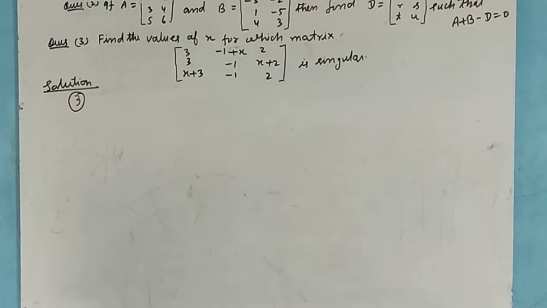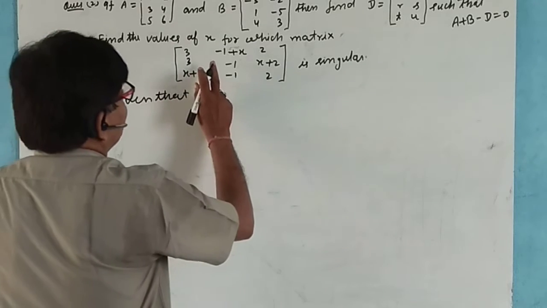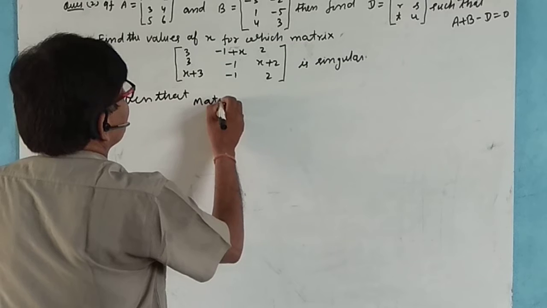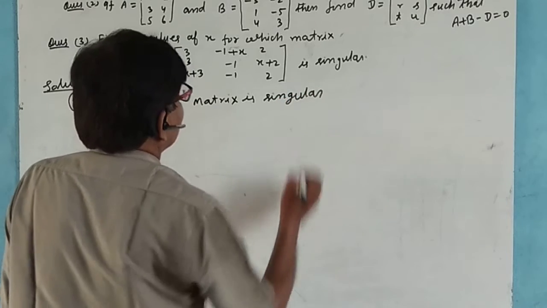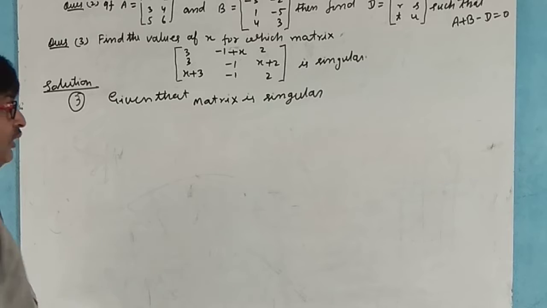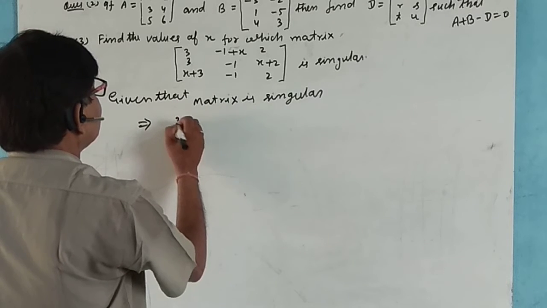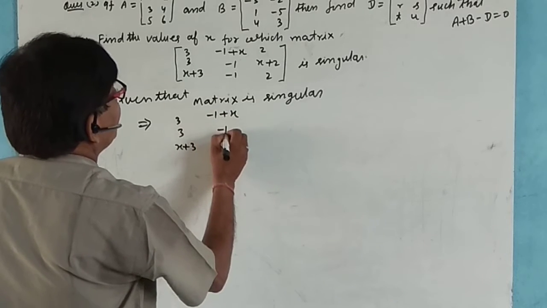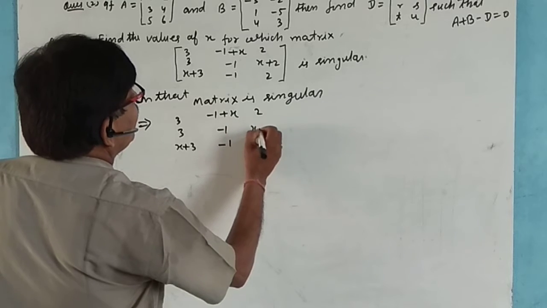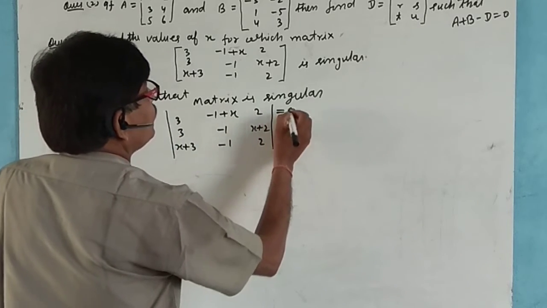It means that given that the matrix is singular, the determinant of this is equal to 0: 3, 3, x plus 3, minus 1 plus x, minus 1, 2, x plus 2, and 2. Determinant of this is equal to 0.